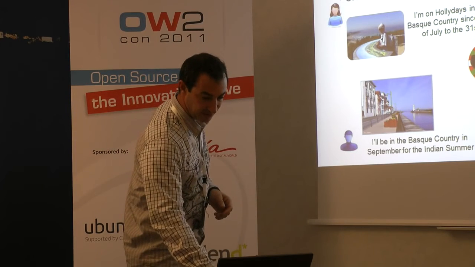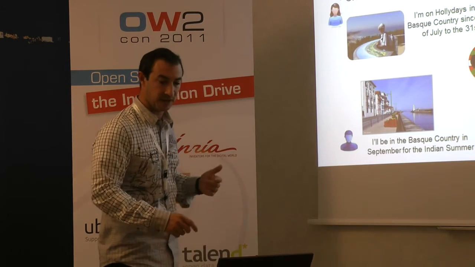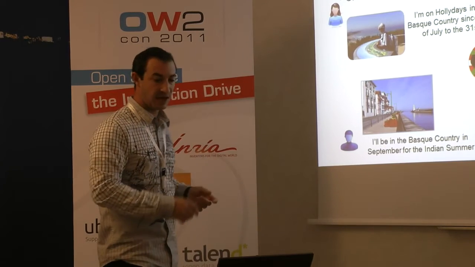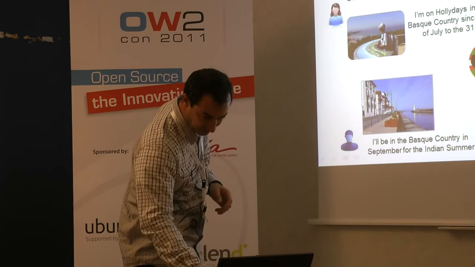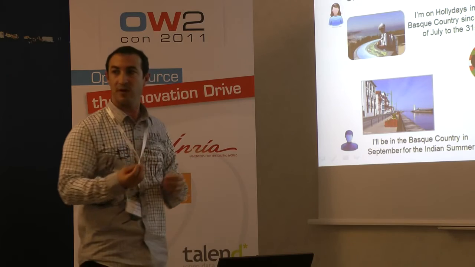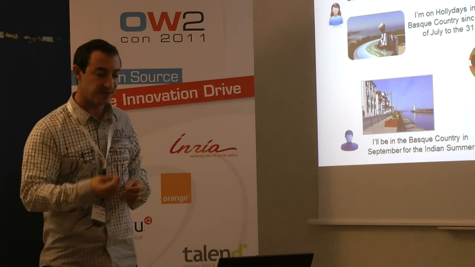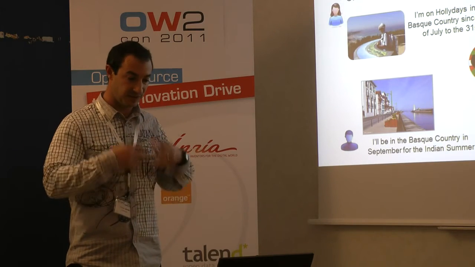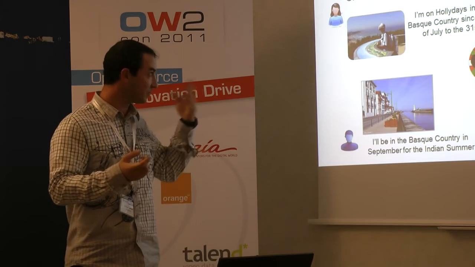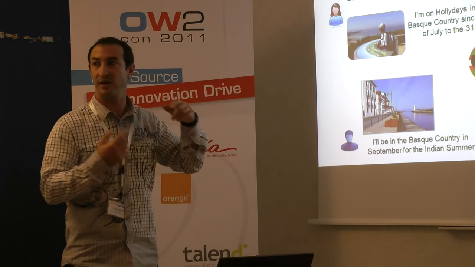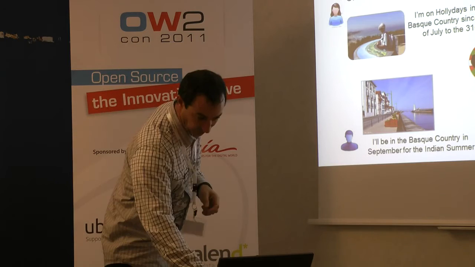The last one gives the information, I'm on holiday for a specific period. They have a common information, which is a geographic position I'm interested in, or I'll be in the Basque Country. This is a spontaneous community. So those persons may be interested in sharing their information with other people of this community.